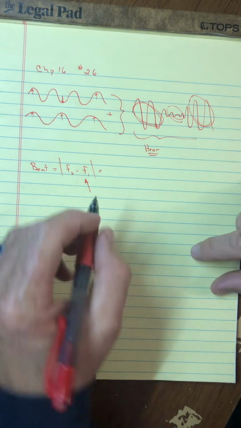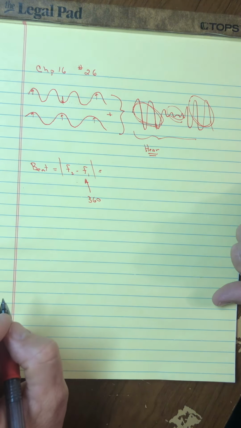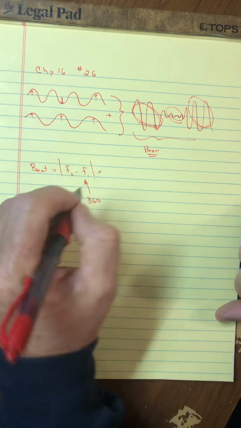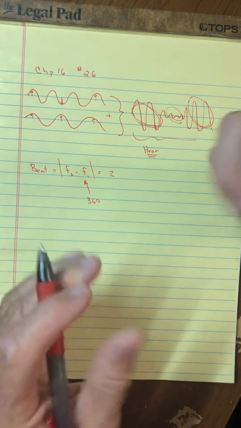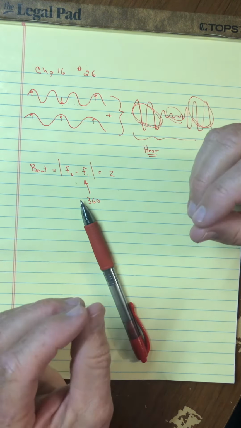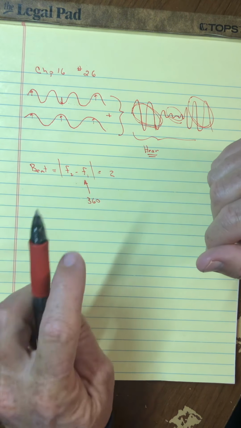It says you know one of them is 360, okay? And then you hear a beat of 2. So you're saying it gets loud and soft. It goes wong, wong, wong, 2 times every second.